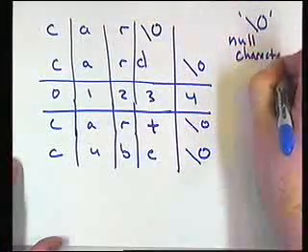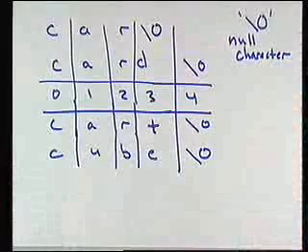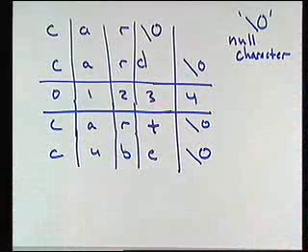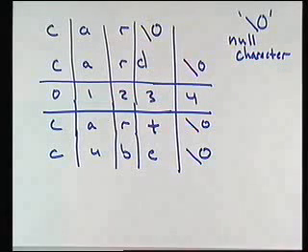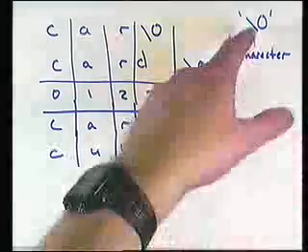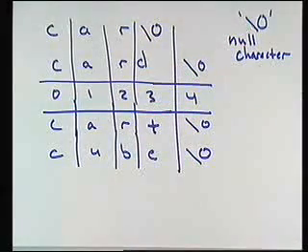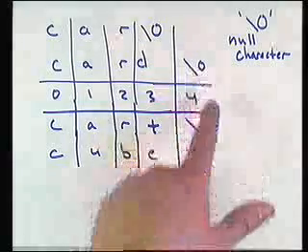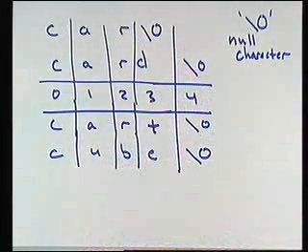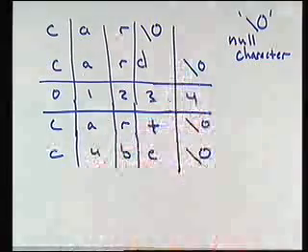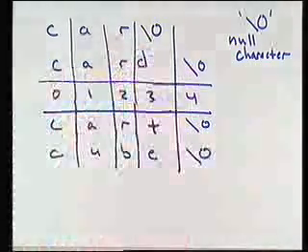So if you've never heard of that before, now you have. This is the character representing null, in the same sense that 0 is the absence of value for integers, or 0.0 for floating point numbers. Likewise here, this is your null character for characters. And so you would have the null character in the last position in each string, which for the 4-letter words is in position 4, and for the 3-letter word is in position 3.